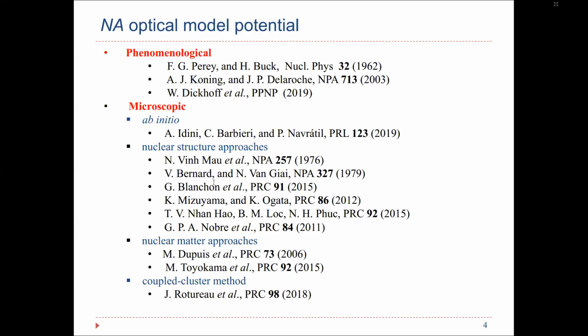Later, 40 years later, Guillaume Blanchon with Nicole Vinh Mau came back to this subject with the Gogny interaction, and they obtained a very nice result for calcium-40 and calcium-48 for neutron elastic scattering. And 2-3 years before, Kazuhito Miyama used the same approach as Bernard and Van Zyl.